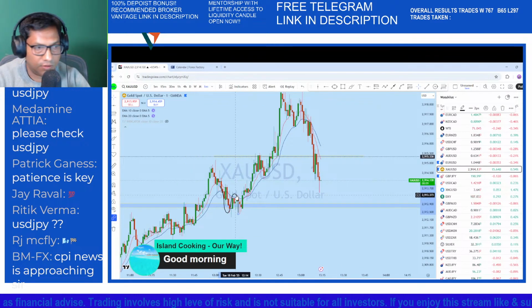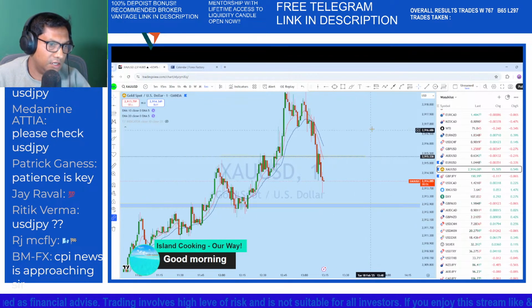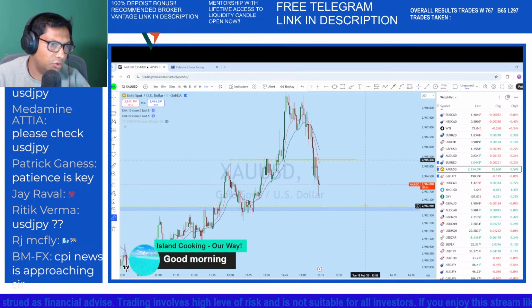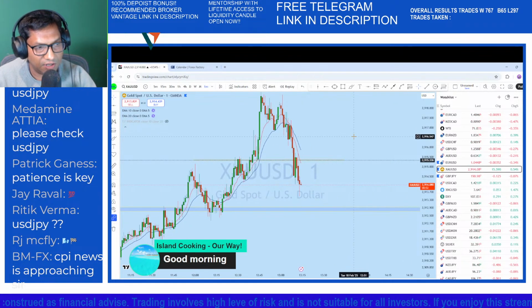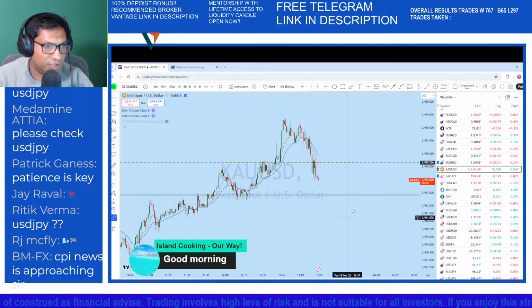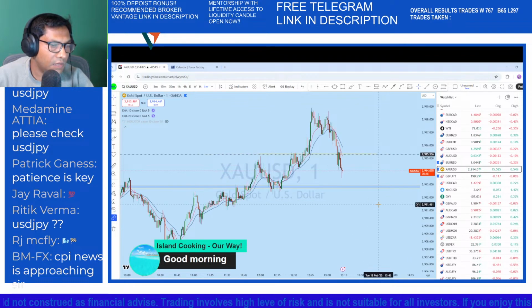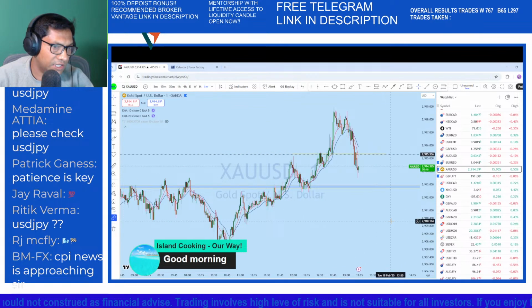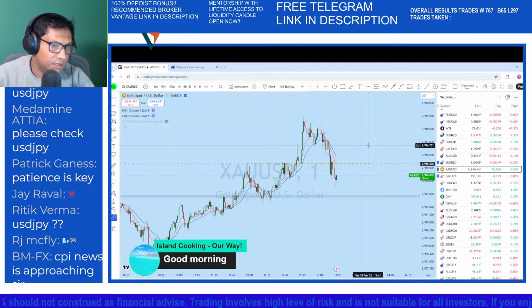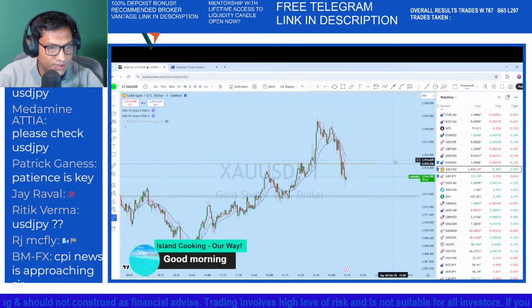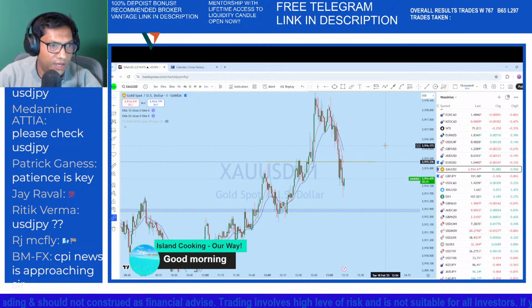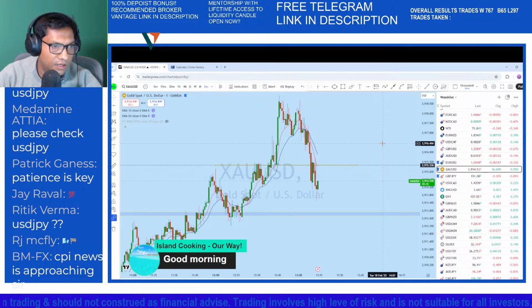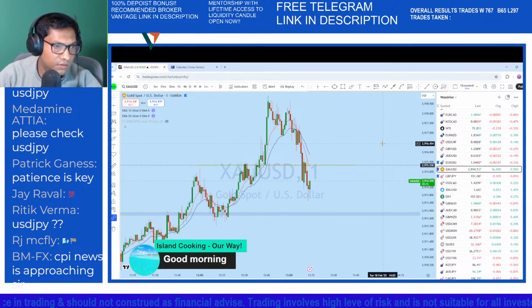This is where we can see that the market is in that area here. Okay, so we will be readjusting the pending order in that area on XAUSD now, as it is approaching that support level. So let's see where it is heading to.